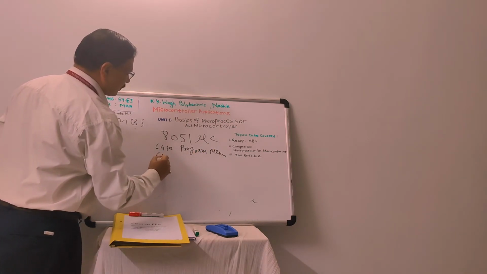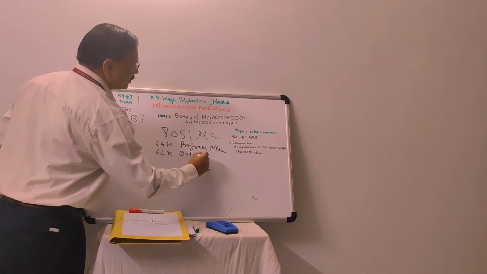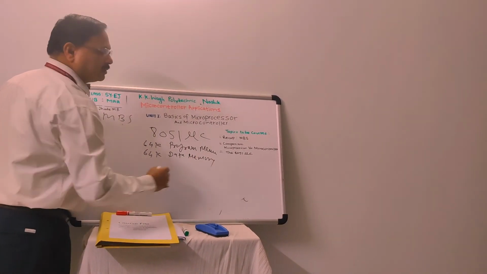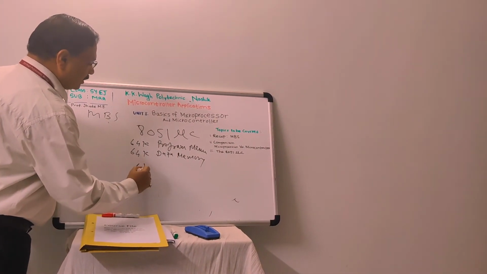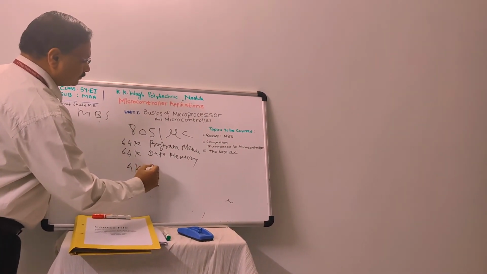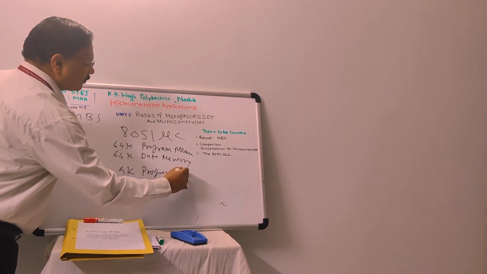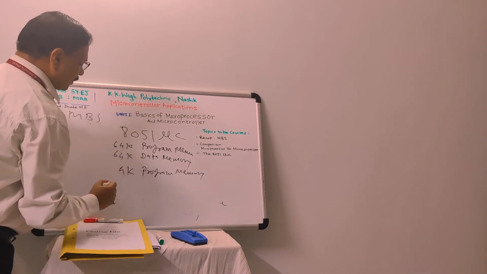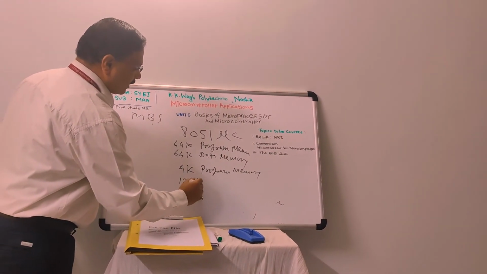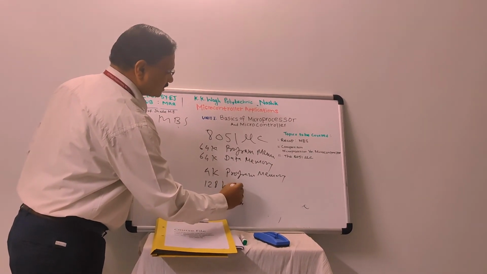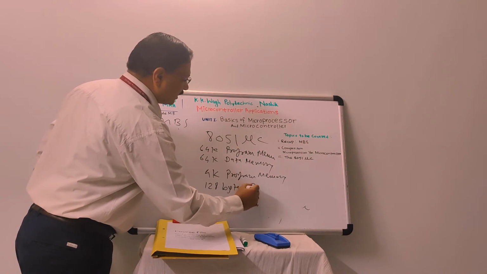Out of this, you will find 4K of program memory available on chip, and 128 bytes of RAM, that is data memory, also available on chip.